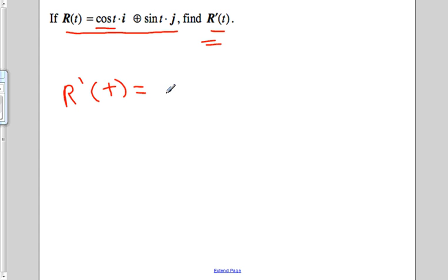So the derivative of cos of t is negative sine of t, and that's in the i direction, plus the derivative of sine of t, which we know is cos of t, and that's in the j direction. So that's the derivative function. Easy. It's totally easy.